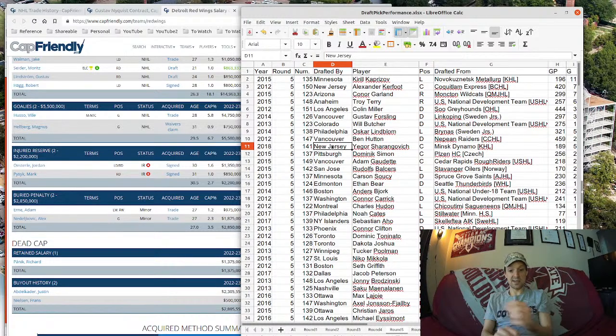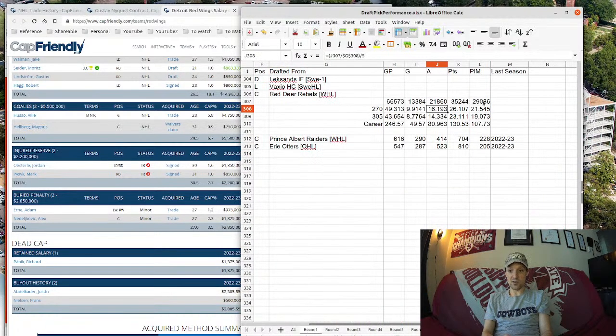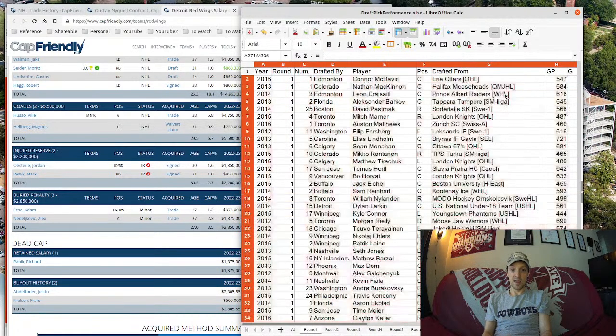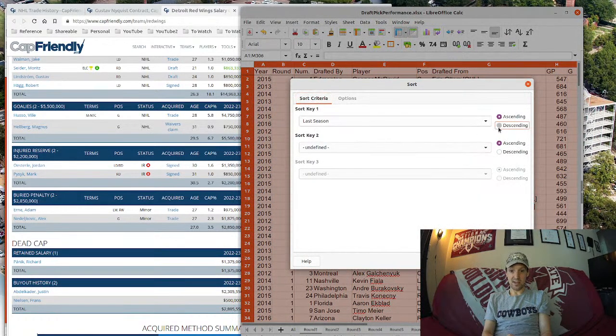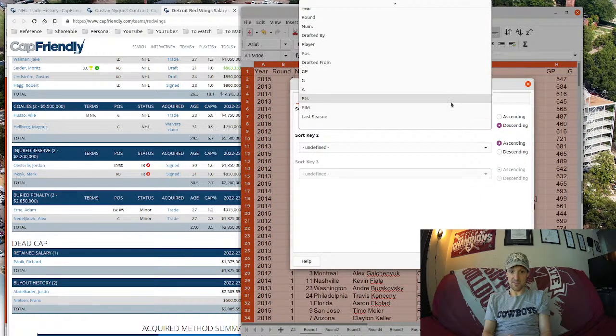And then in which case, let's just see out of interest if there's anybody that shows up more than others for selecting the first round picks.